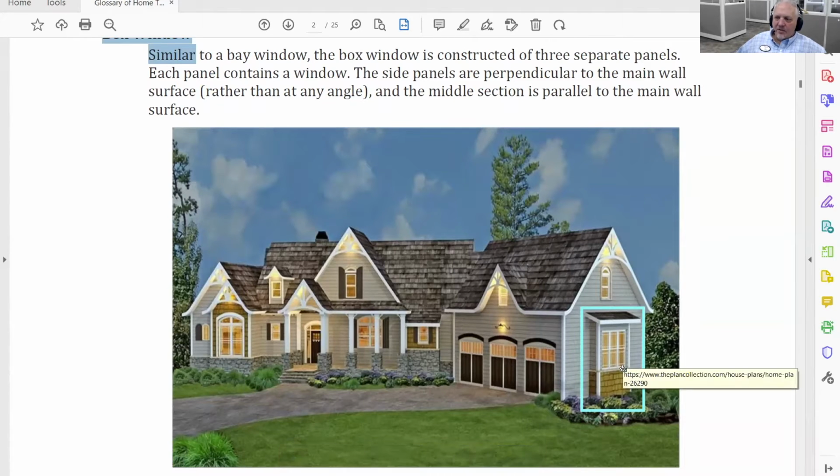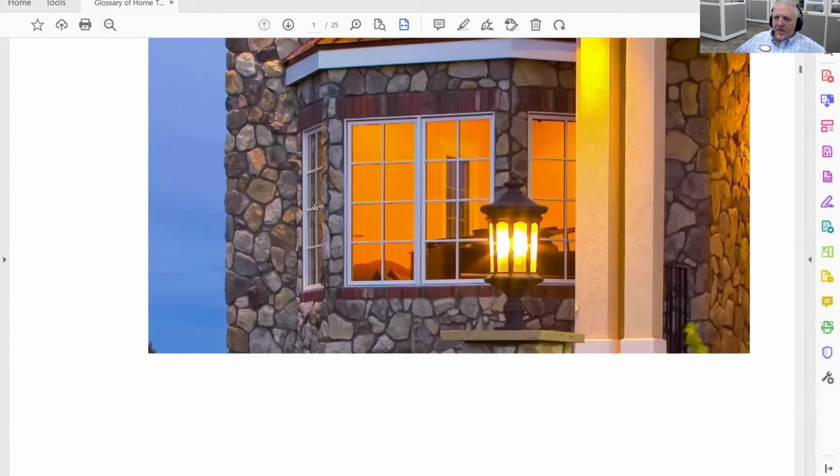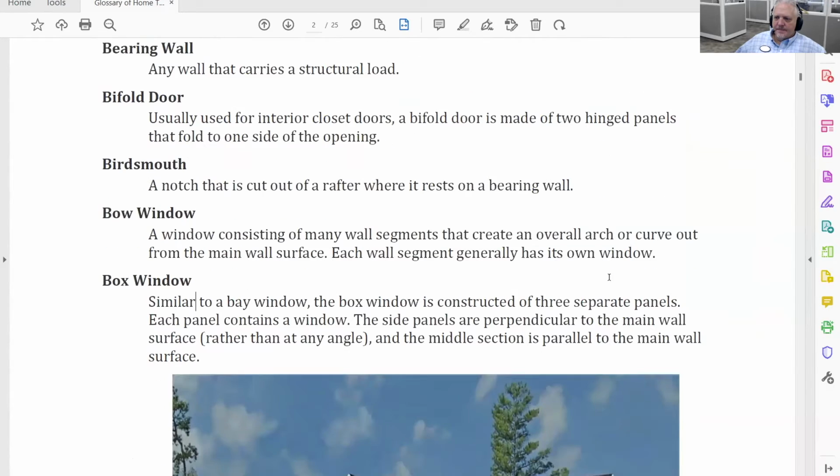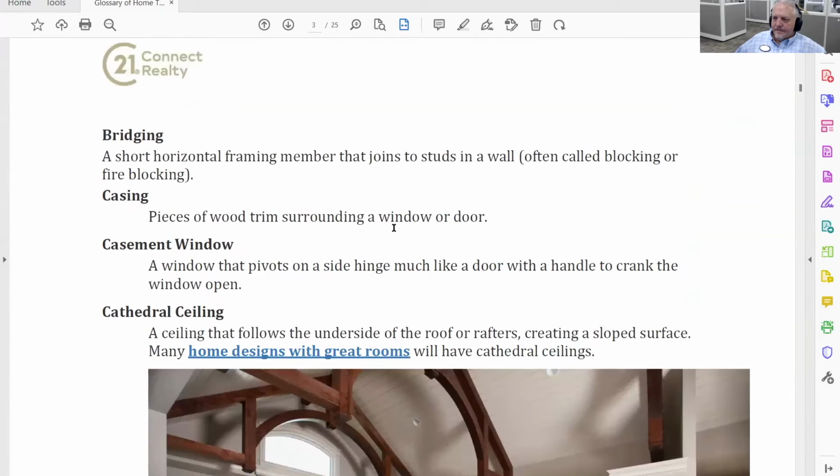That is a box window versus the bay window that we talked about up here, which has the window angled on the side. Does it make sense? Everybody seen these before? All right.